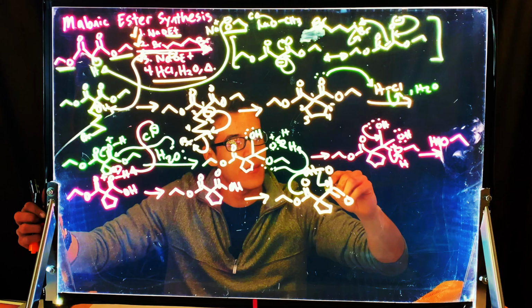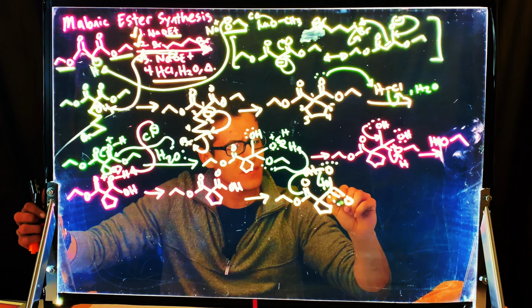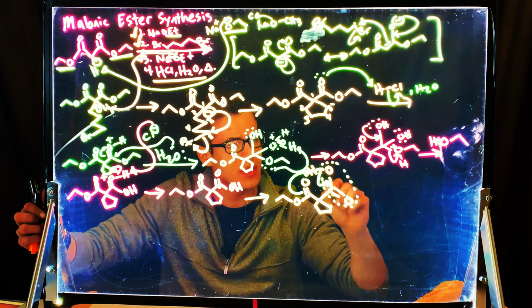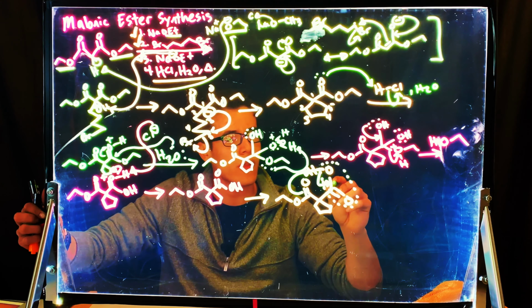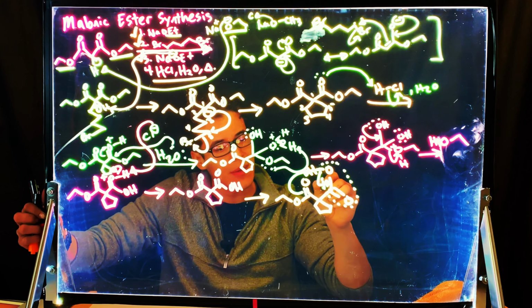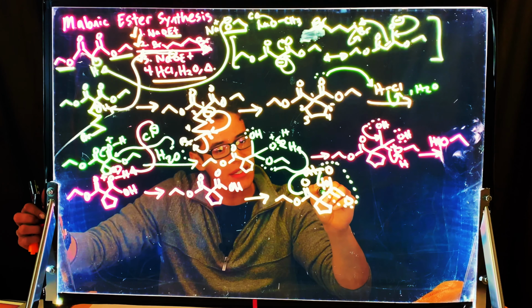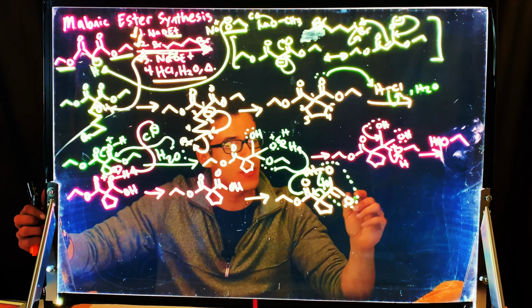So we're going to form a pi bond right here. We can see that right here we're forming something very special. This is going to form a carbon double bonded to an O, double bonded to another O. This is CO2. Now, in order to maintain the octet, we have to break this bond, and it's going to go right here. Okay, it's going to form a CC double bond.